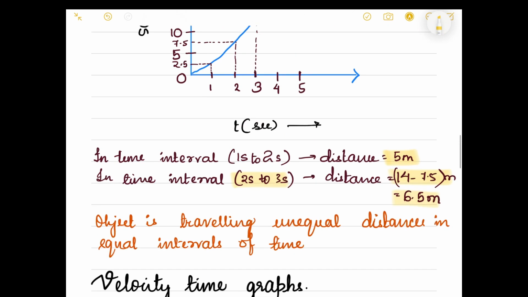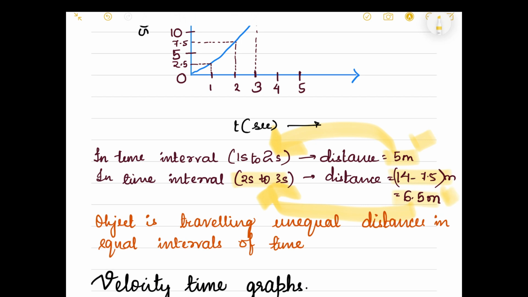So this represents that the body is travelling unequal distances, 5 meter in the interval of 1 second and 6.5 meter in the interval of another 1 second. So it is covering unequal distances in equal intervals of time.